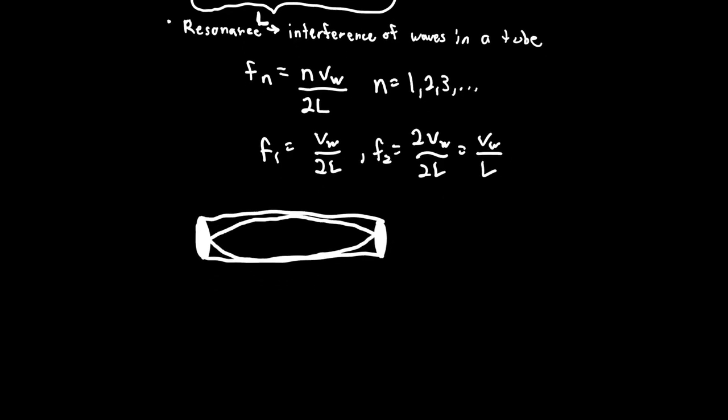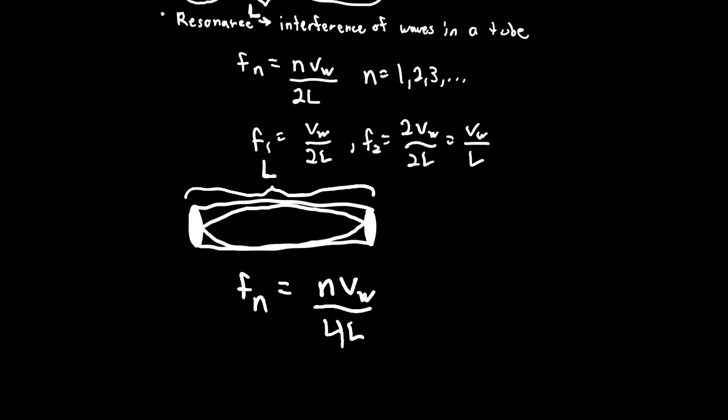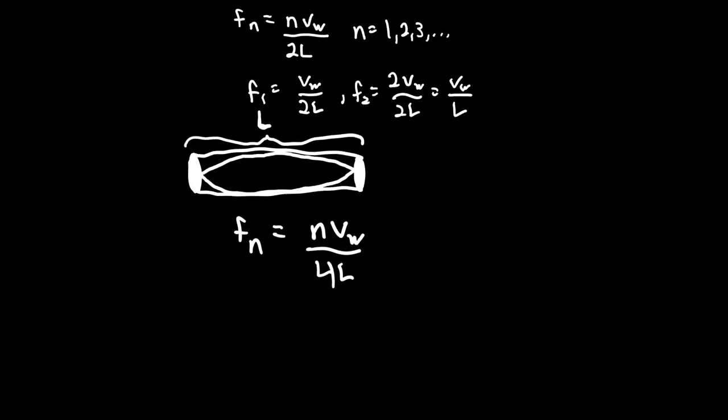And I can calculate what all the frequencies are for this resonance. It turns out the frequencies of each node will be n times Vw over 4L, where L is once again still the length of this pipe. So this is how I can fit waves inside of pipes and establish resonances.